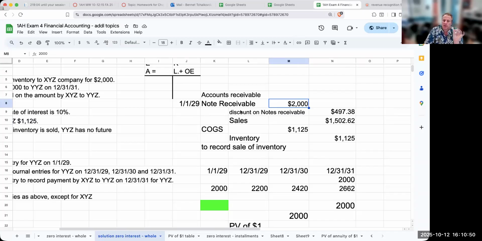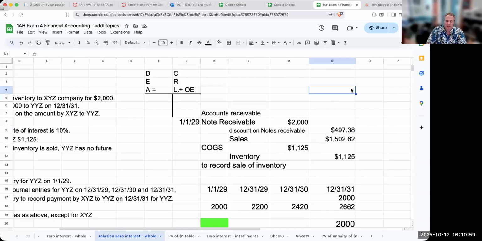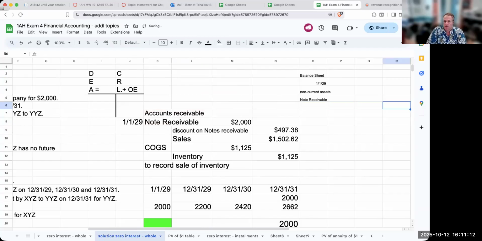So what I need to do is take this discount on notes receivable. What does this mean? On my balance sheet as of 1/1/29, under my non-current assets, I'm going to have a note receivable for $2,000, less my discount on notes receivable of 497.38. This gives me notes receivable, net, of 1503.